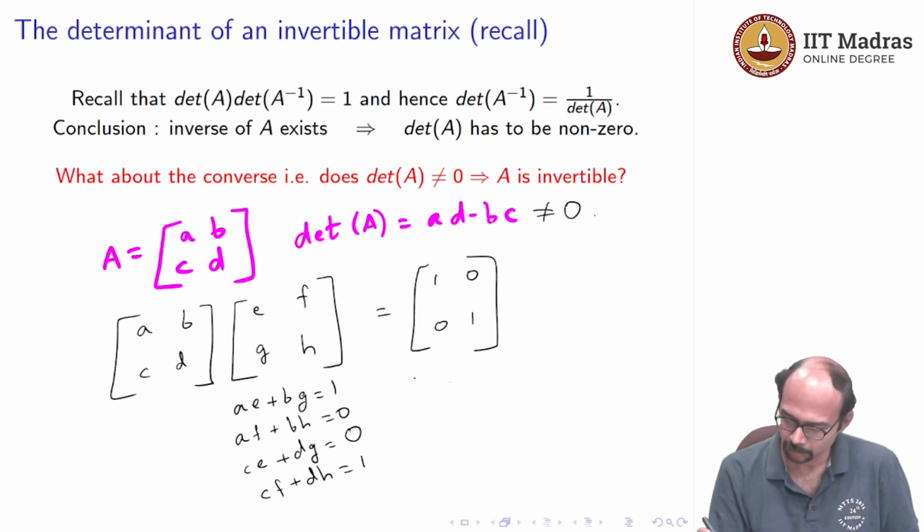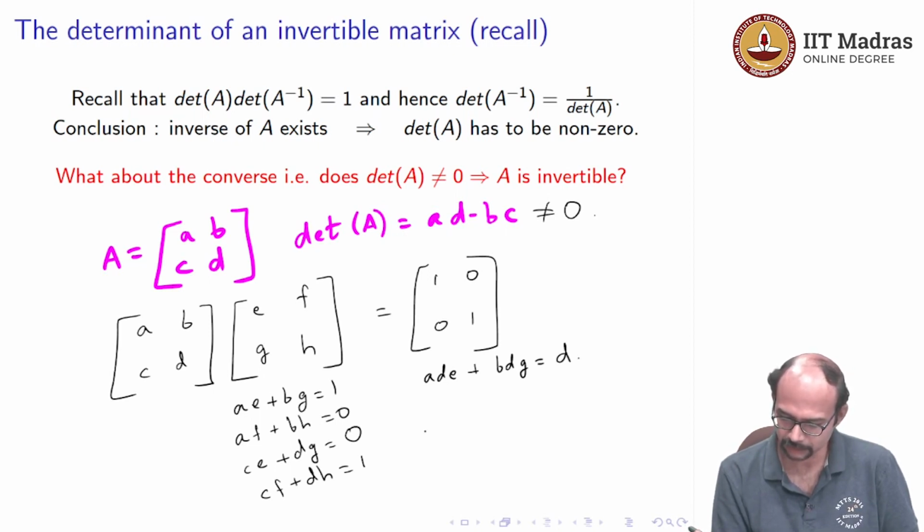Maybe I will multiply the first equation by d. So, ade plus bdg is d, and maybe I will multiply the third equation by b.